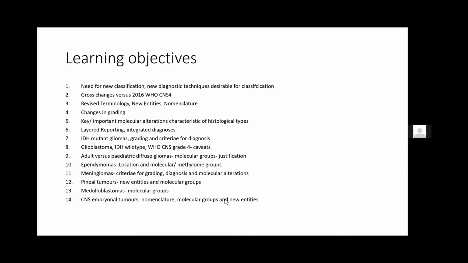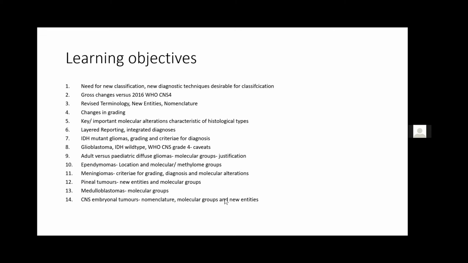What are the very important molecular alterations which are characteristic for specific histologic types, which can help in differential diagnosis as well as in prognosticating and predicting response to treatment? The concept of layered reporting or integrated diagnoses. IDH mutant gliomas, their grading and criteria for diagnosis, and how is it different from 2016?